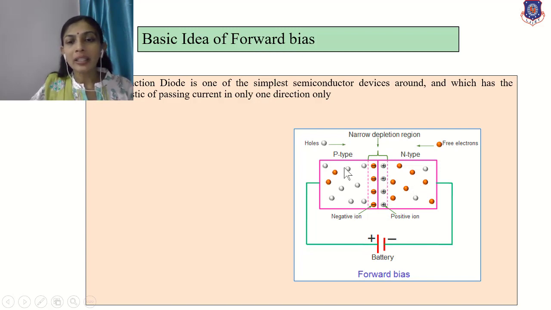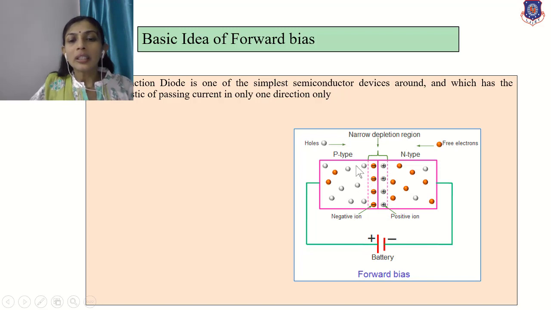In P-type material, the majority charge carriers are the plus, that means holes. And in N-type material, most of the majority charge carriers will be electrons. Look at this. The orange color indicates the free electron, and the hole is indicated by this white plus.